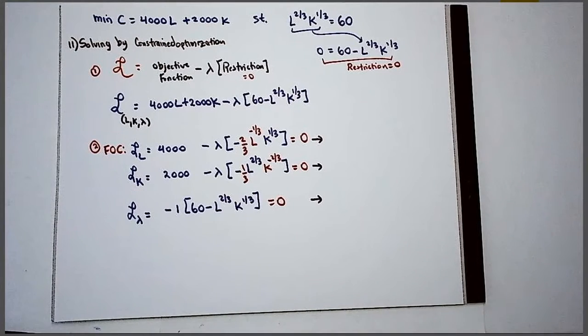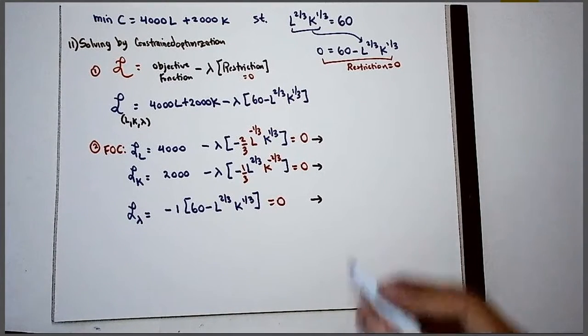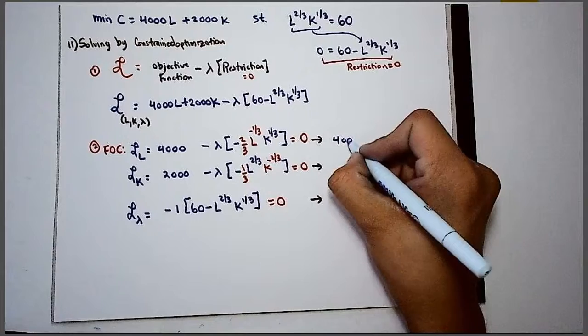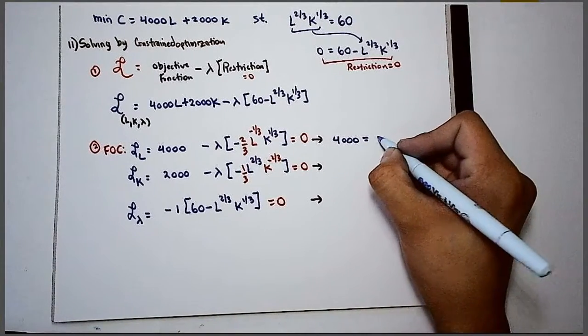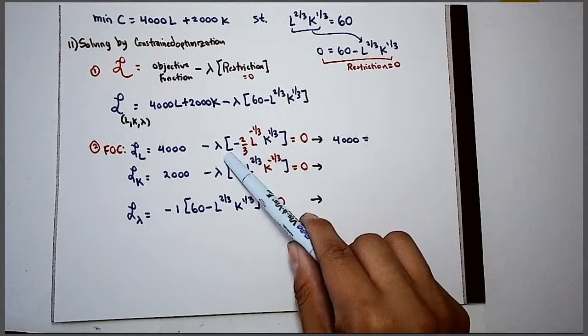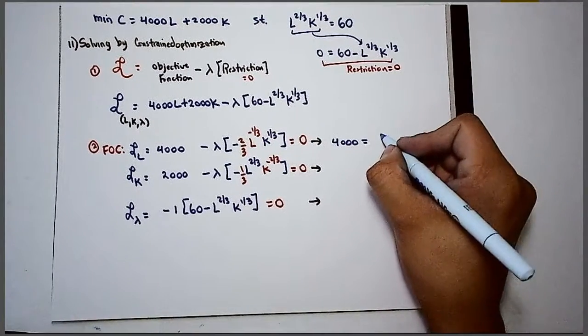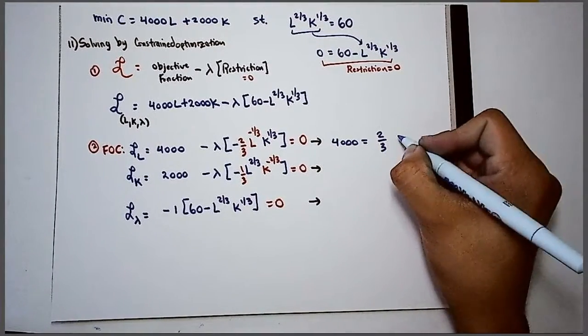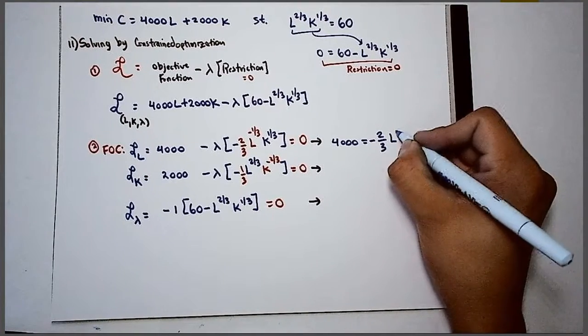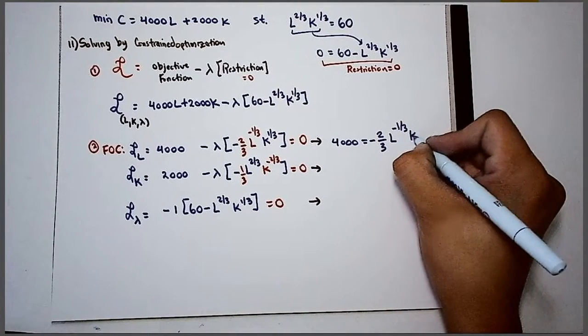And let's rearrange these relationships. So here we have that 4000 will be equal to, negative times negative is positive, but because we are going to move it to the right hand side, this is 2/3 negative L to the minus 1/3 K to the 1/3.